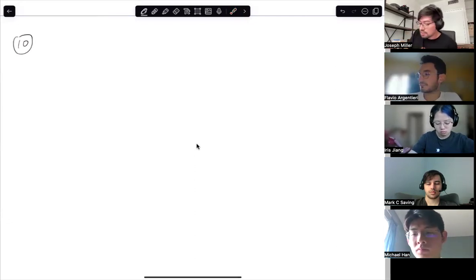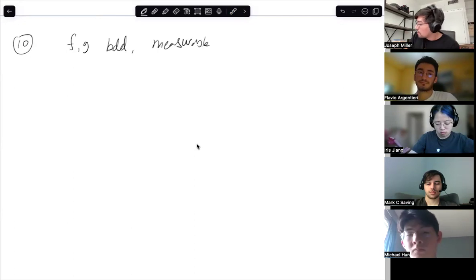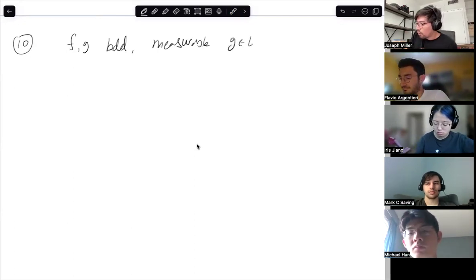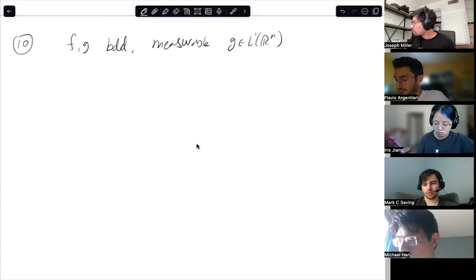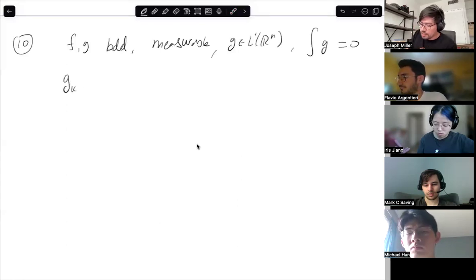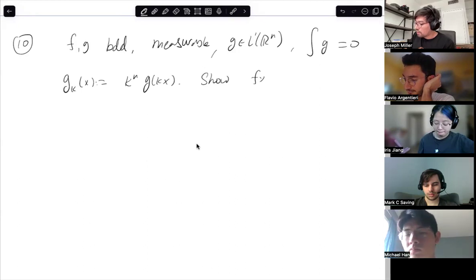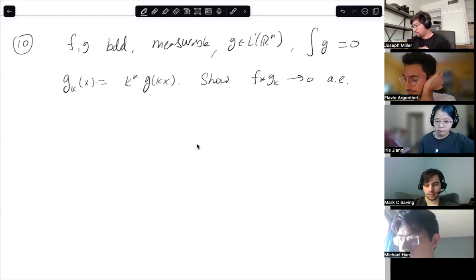What it says is, if f and g are bounded, measurable, and g is in L1 of Rn, with the integral of g being 0, and I define gk of x to be k to the n, g of kx. The problem is to show f convoluted with gk goes to 0 almost everywhere pointwise.